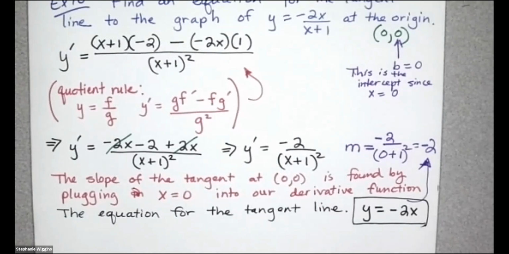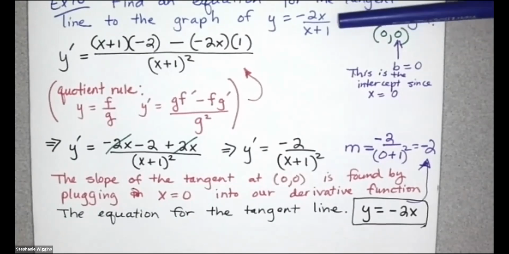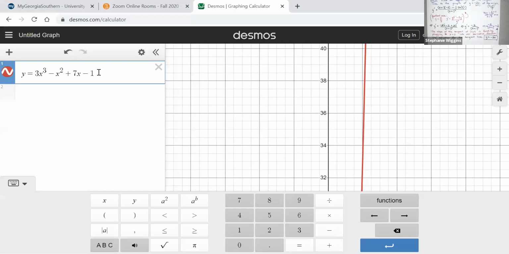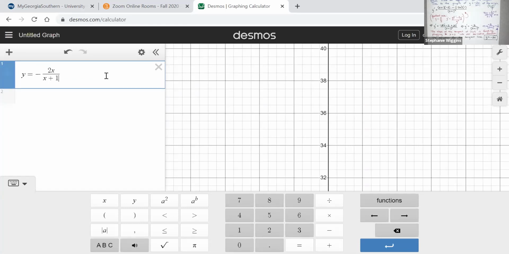Let me just take you over to desmos.com to show you what this looks like. All right, so we're going to look at the graph of this function and then the graph of the tangent line. So our original function is y equals -2x divided by x plus 1.